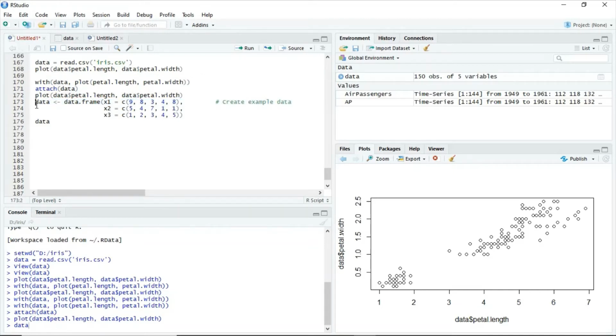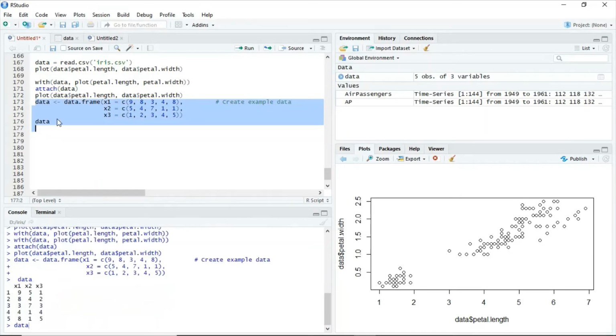Now whenever I am going to print this data, see the output. So I am printing the data, and this is the output of the vector that I am getting. At this point of time, without the attach function, if I want to see only the first variable x1, I'm just writing x1 and executing it.